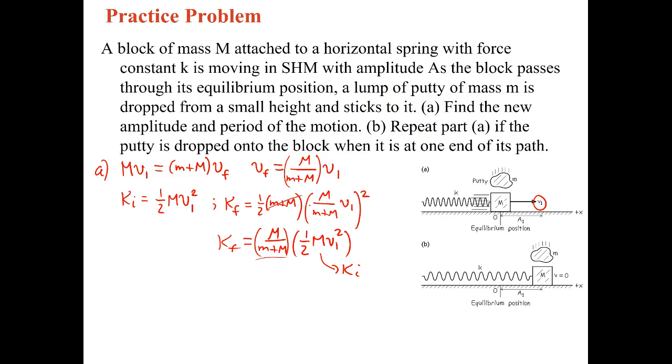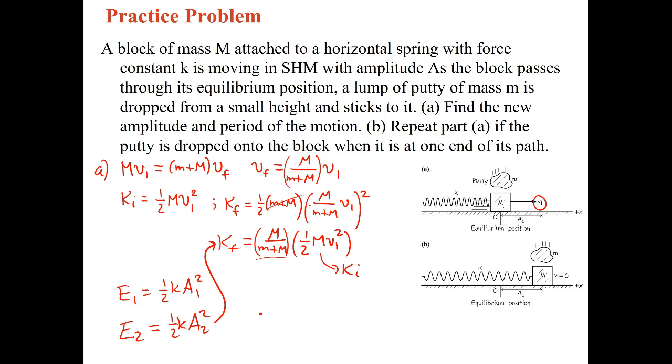Now we can also say that E1 is equal to 1/2 k A1 squared, and that E1 would be the total energy before the collision. The new energy after the collision will be equal to 1/2 k A2 squared, which can be equated to this kinetic energy.